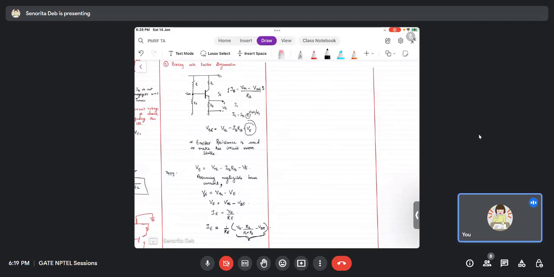And since we have put the RE value, I think it will now make sense to you that the base current automatically becomes very negligible compared to the main current.